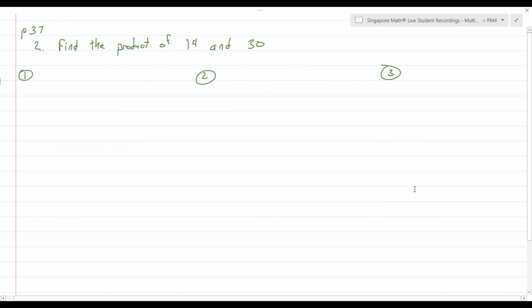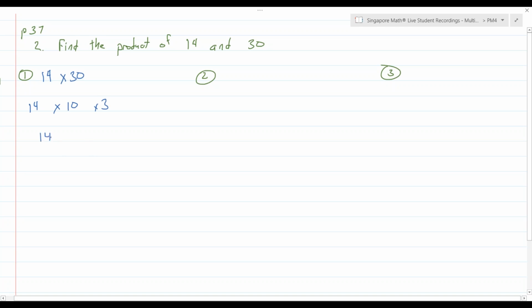If you find the product of 14 and 30, we now have a few different ways to do it. Let's talk about all the different ways because it's important to know more than one way to do a problem. 14 times 30 is the same thing as 14 times 10 times 3.